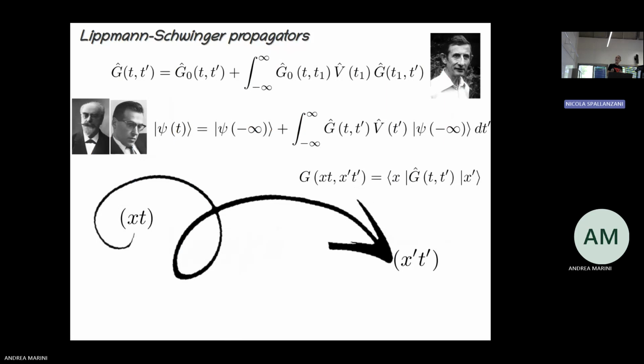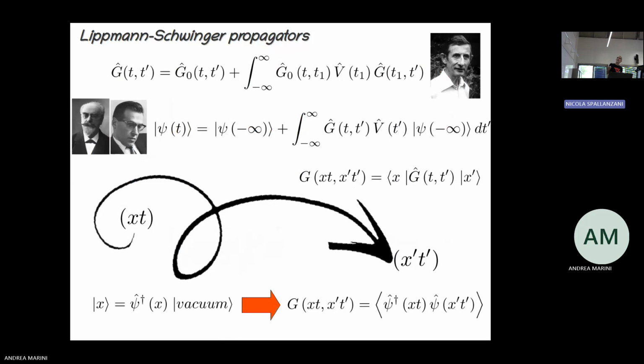Right, so this means that once you have these propagators, actually they have a physical, intuitive interpretation. If you calculate the average of this operator between two space points, space kets, then you have a function. This is the Green's function, and this is just the probability that the system will move from this point of space-time to this point of space-time.